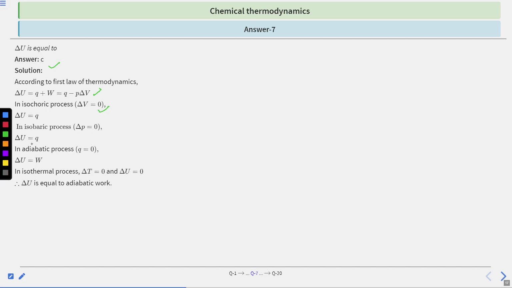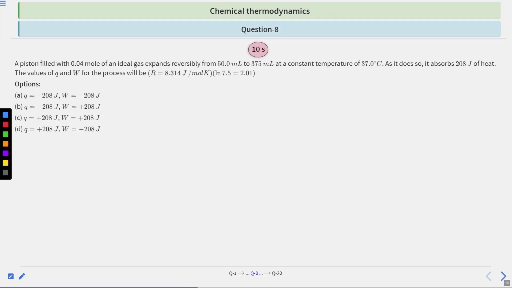So del U will become Q. In adiabatic process, Q equals 0. So del U will become W, that is work. And in isothermal process, del T equals 0 and del U will become 0. Therefore, del U is equal to the adiabatic work here. Therefore, option C is the correct answer.